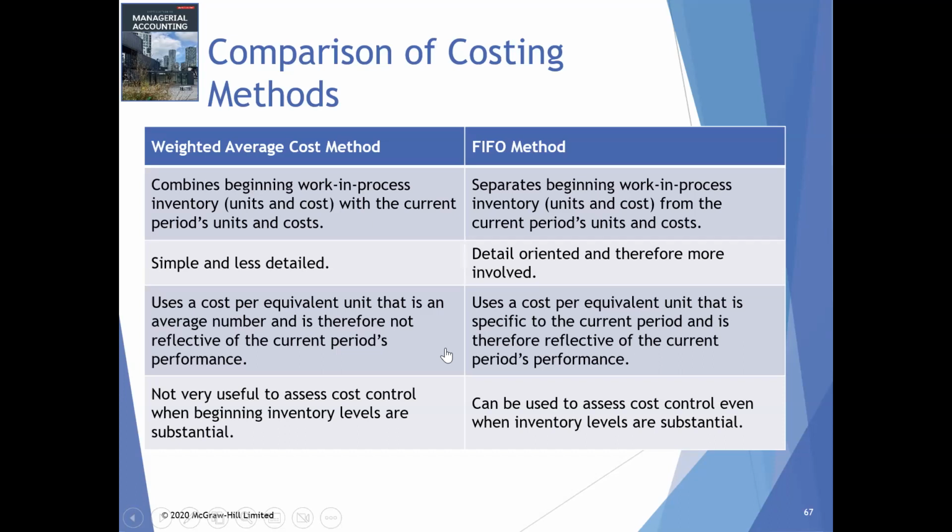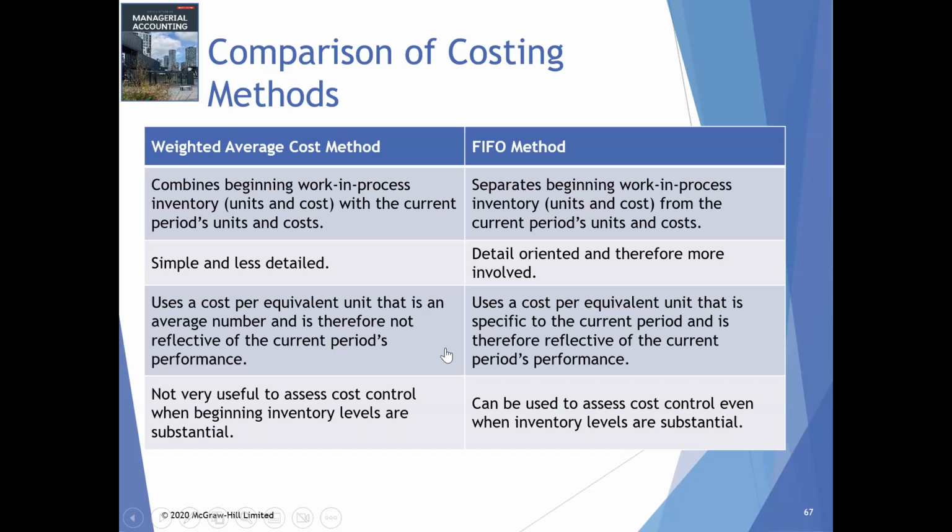The weighted average cost method uses a cost per equivalent unit that is an average number and is therefore not reflective of the current period's performance. But the FIFO method uses a cost per equivalent unit that is specific to the current period and is therefore reflective of the current period's performance as well.